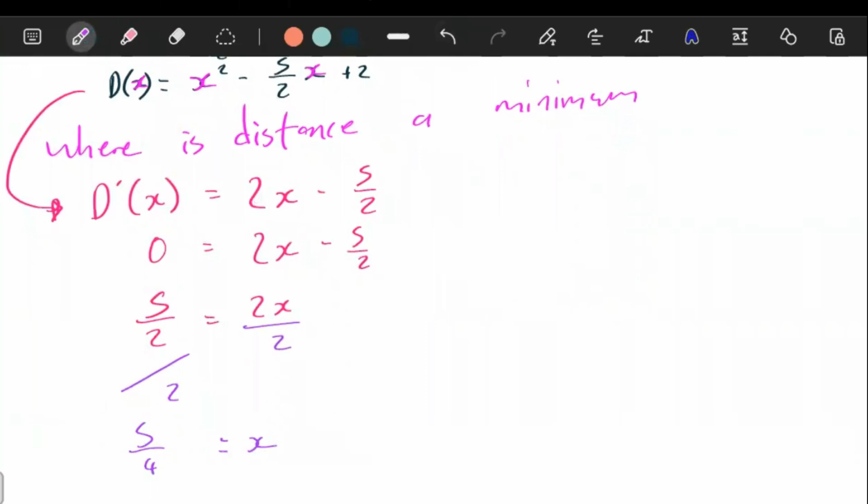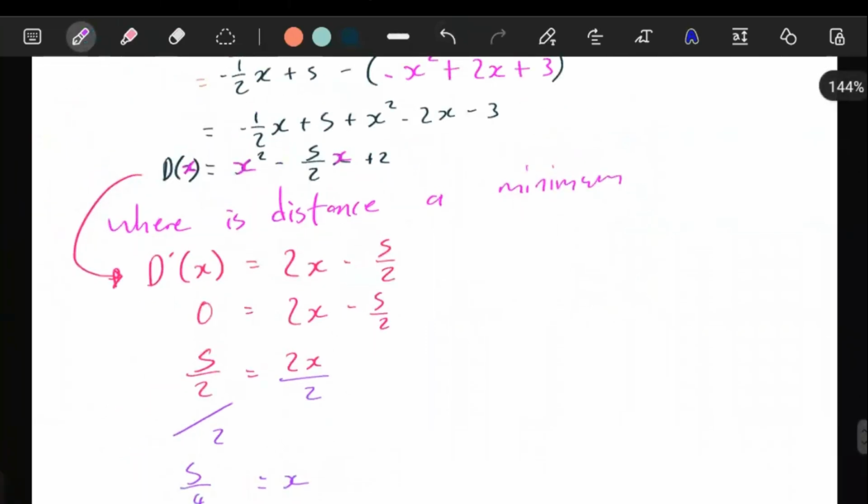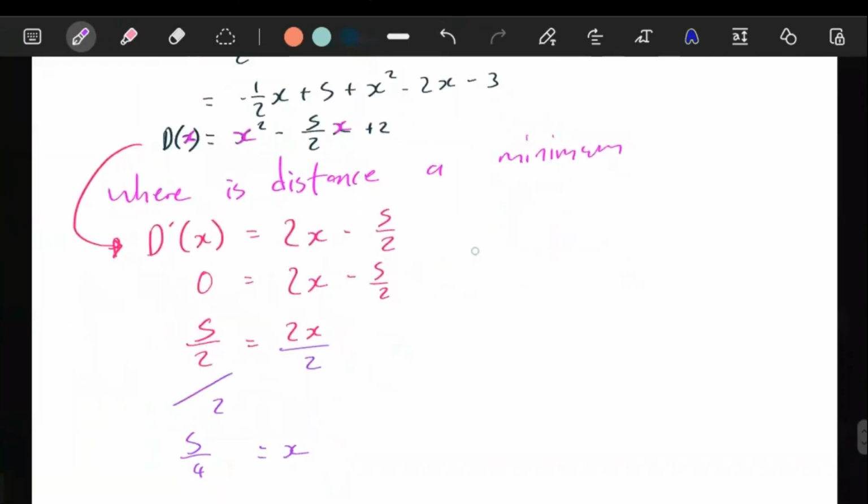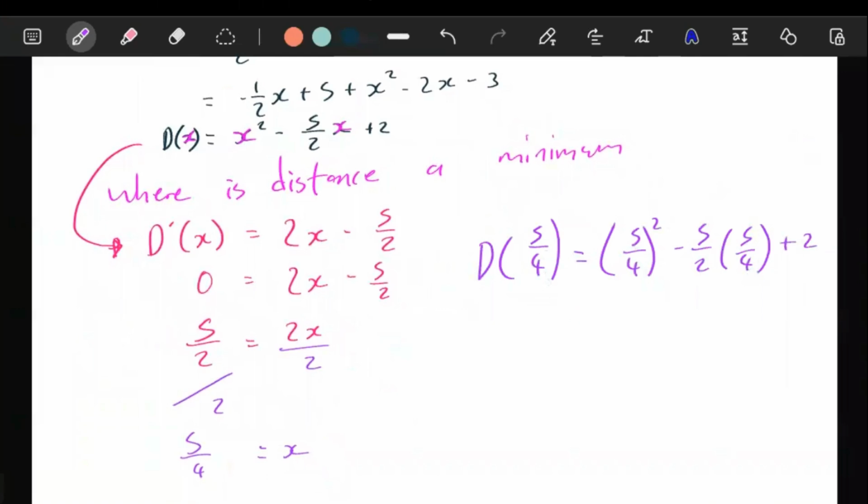And that's the way we like it. So now you know that your x value is at 5 over 4. All you do is, in the distance formula, you put 5 over 4, and show that your distance there is going to be 0.4, as we have stated. You see, 5 over 4 and plus the 2 here.